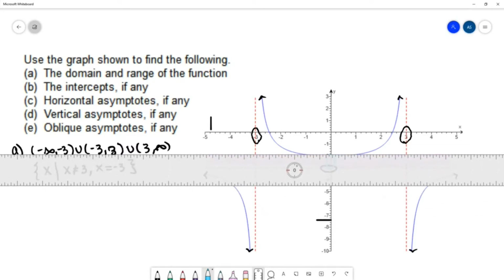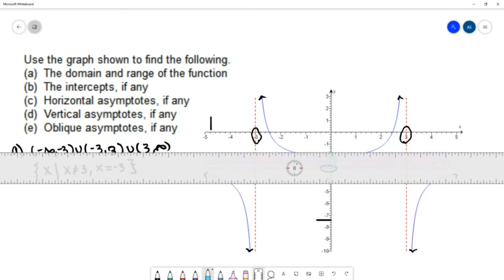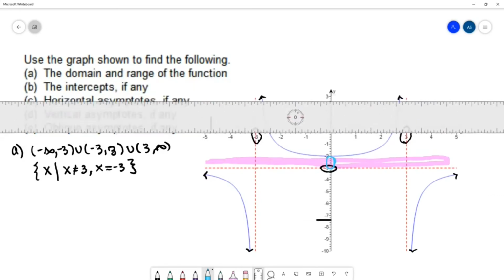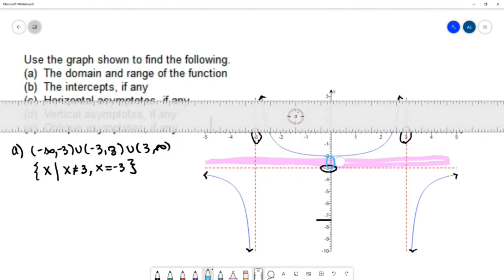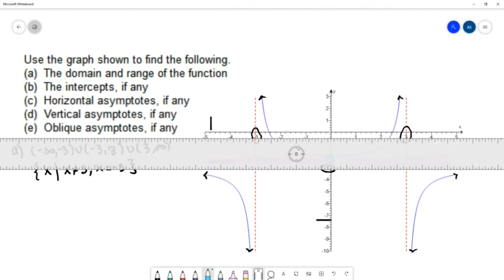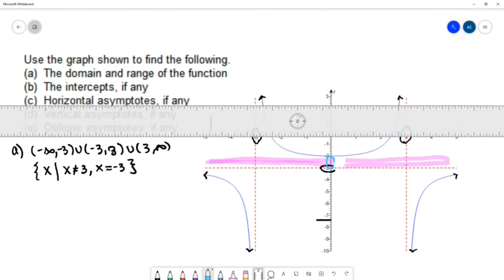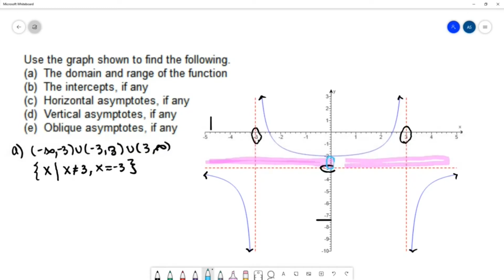And then from here on up, our ruler is touching the graph, and we have parts of our range included.